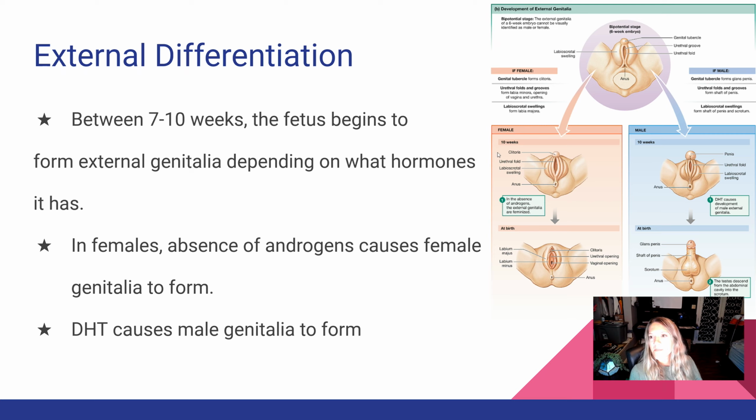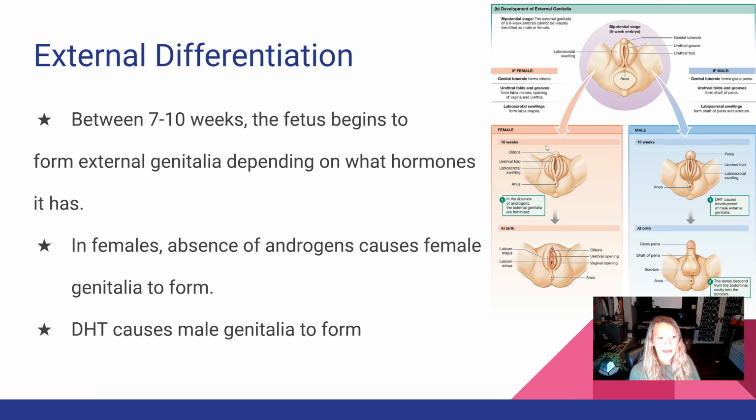So if it has the SRY gene and the male hormones, then it will obviously grow male external genitalia. And then if it has no SRY gene and female hormones, then it will grow female genitalia.